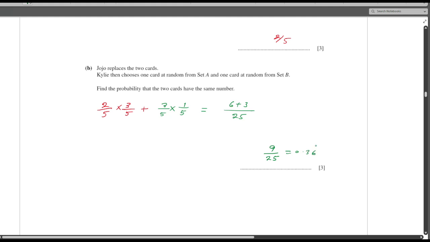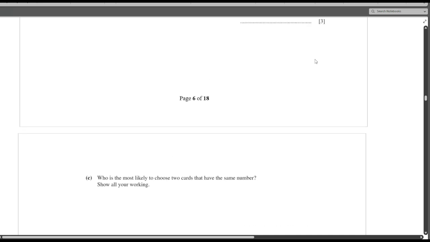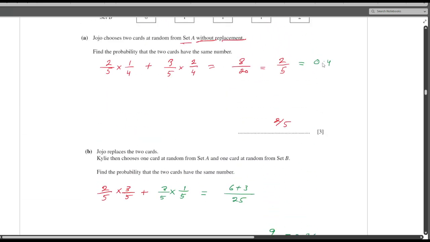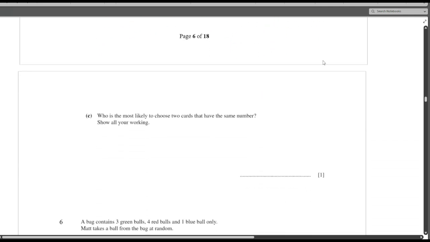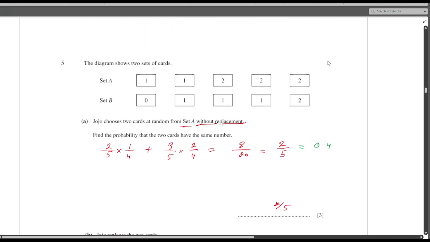Now the question is, who is most likely to choose the 2 cards having the same number? As 0.4 is more than 0.36, we will say that the first person, who is Jojo.